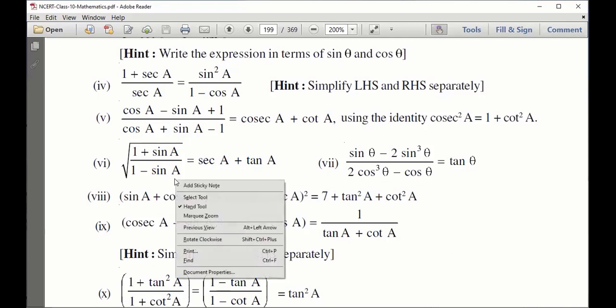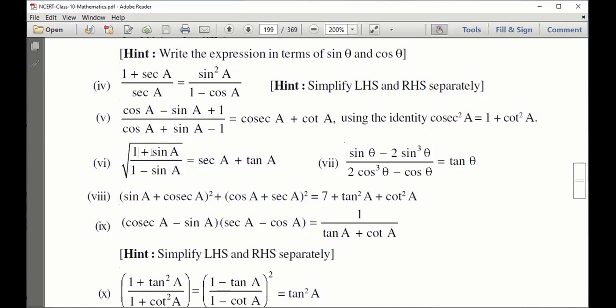You multiply numerator and denominator both with 1 plus sine A. So the numerator becomes 1 plus sine A whole square, and when the root is taken, the numerator remains 1 plus sine A. The denominator becomes 1 minus sine A into 1 plus sine A, which is a square minus b square, so 1 minus sine square A, that is cos square A, so cos A. So my question becomes 1 plus sine A by cos A. So 1 by cos A is sec A, sine by cos is tan A. Done, we can do it orally, right?